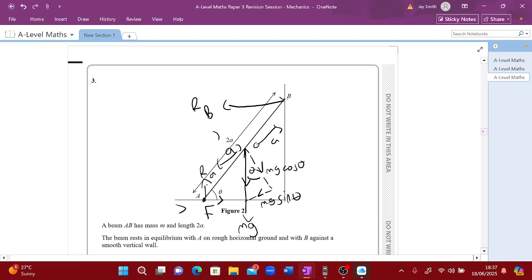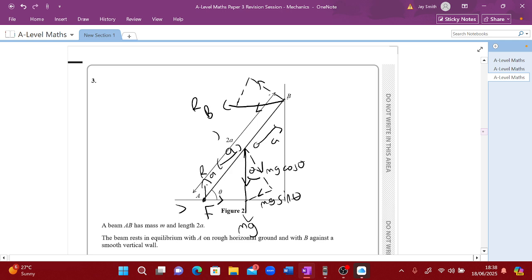If we draw it, it's going to go like that, and then therefore this component is perpendicular to the line AB. That's the component we're interested in. And then we can also get a parallel component to connect RB there.